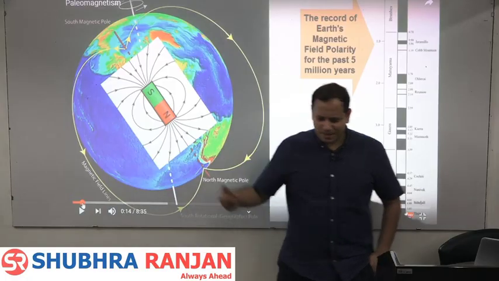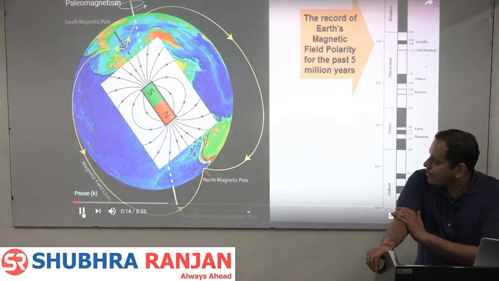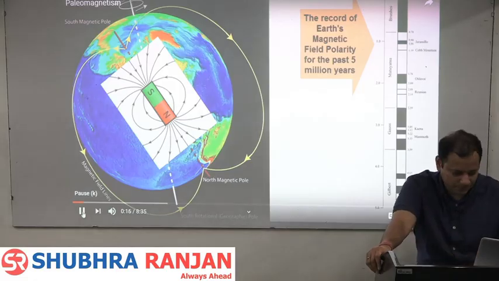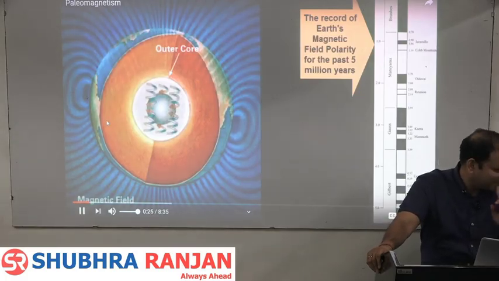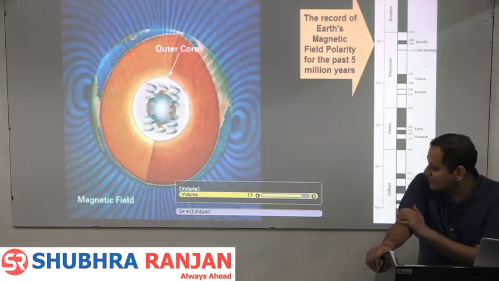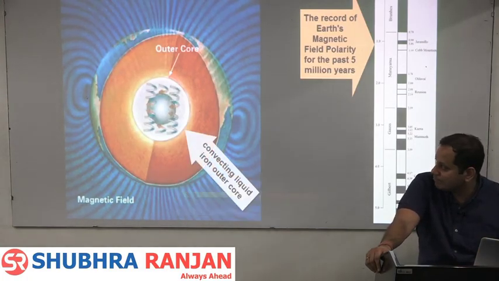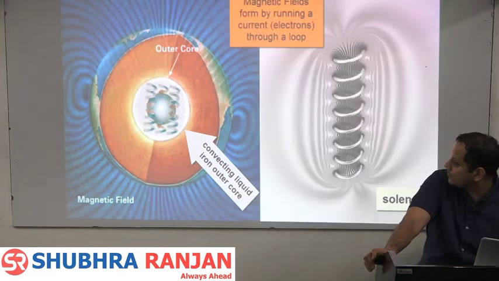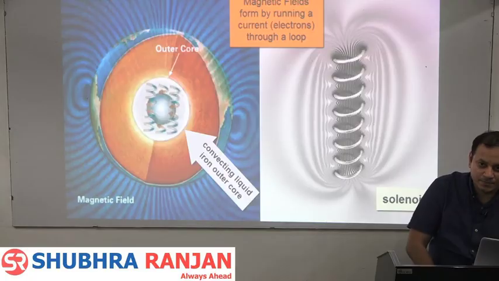Opposites attract. So it convects. Because it's a metal, that convection acts very much like a current of electrons moving in a loop, which you'll learn in the basic physics class is one way to produce a magnetic field.